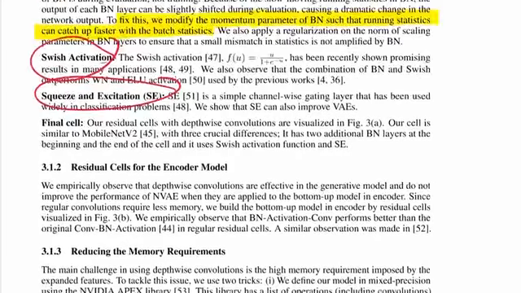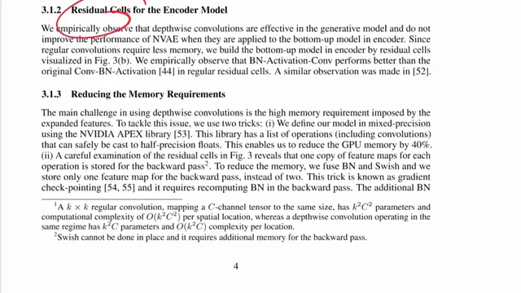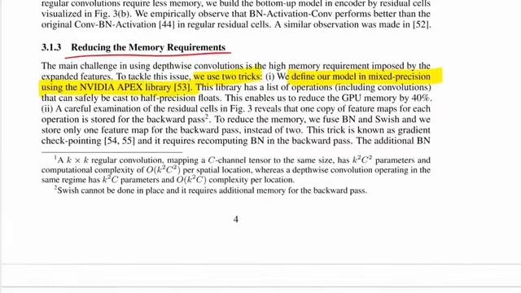So you can see they have residual cells there, residual cells here. Reducing the memory requirements, they say they use two tricks. First of all, they do mixed precision using a cool new NVIDIA library. Given that they're from NVIDIA, they get to try these things out first. And second of all, to reduce the memory, we fuse batch norm and swish, and we store only one feature map for the backward pass instead of two.